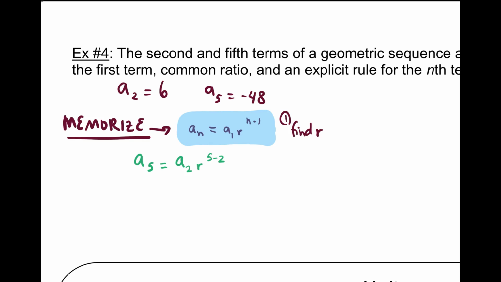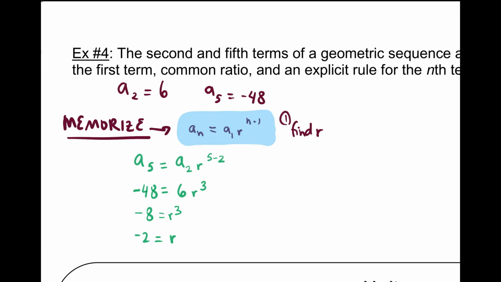So I'm multiplying by the ratio 3 times, which is why it's r to the third. So negative 48 equals 6 r to the third, so negative 8 equals r to the third. So r equals negative 2. Our ratio is negative 2.